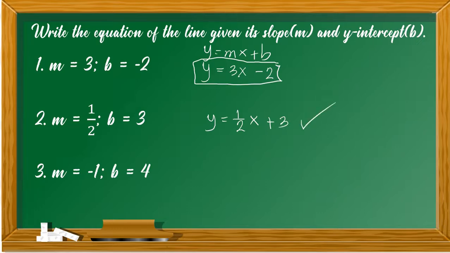And number 3, again, y equals, our m is negative 1. So what did I tell you? If it is positive or negative 1, you do not write 1 anymore. Simply write negative x. And then our b is positive 4, and we're done writing the equation of the line given the slope and the y-intercept.